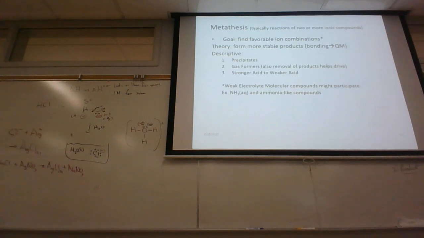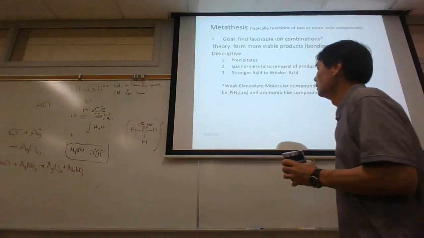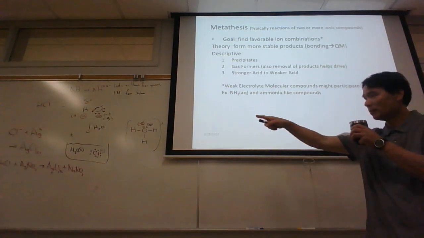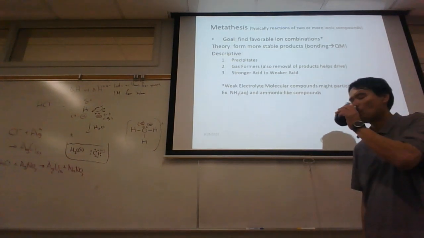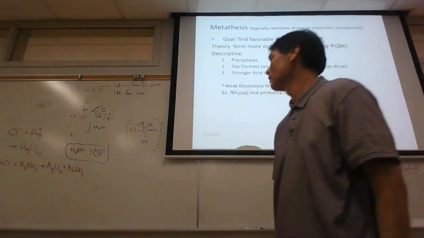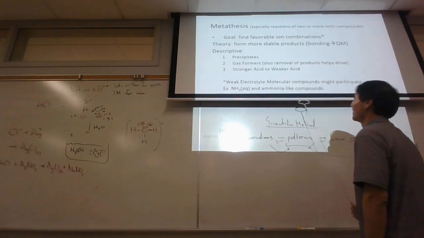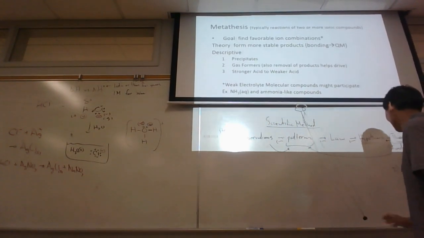All right, so let's take a look at metathesis reactions first, which are typical double replacement reactions. They might have a different pattern, like the ion combination. But it's either going to be ion combination or double replacement. So for example, on a test, I think it was Chem 4, I can't remember. Maybe it was Chem 1A.